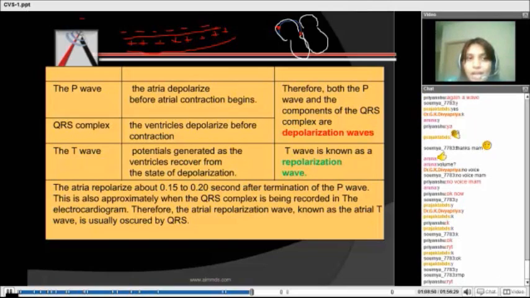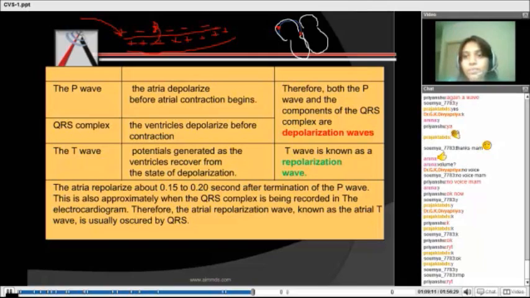Whenever we have an action potential acting on such a polarized tissue, there is a reversal of these charges, positivity coming out and negativity going in. This reversal is called depolarization.